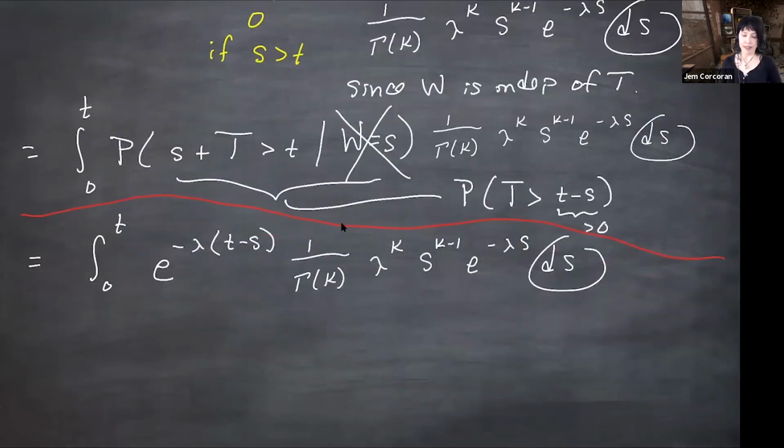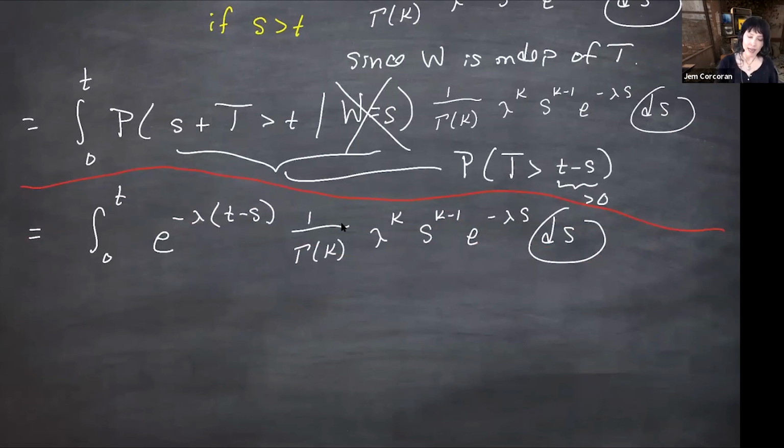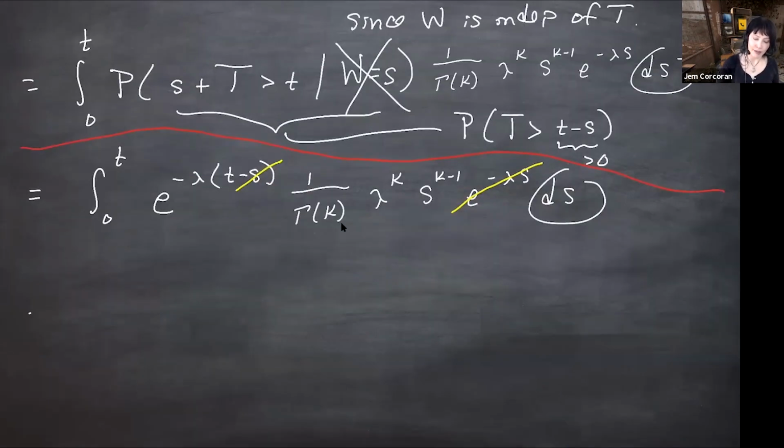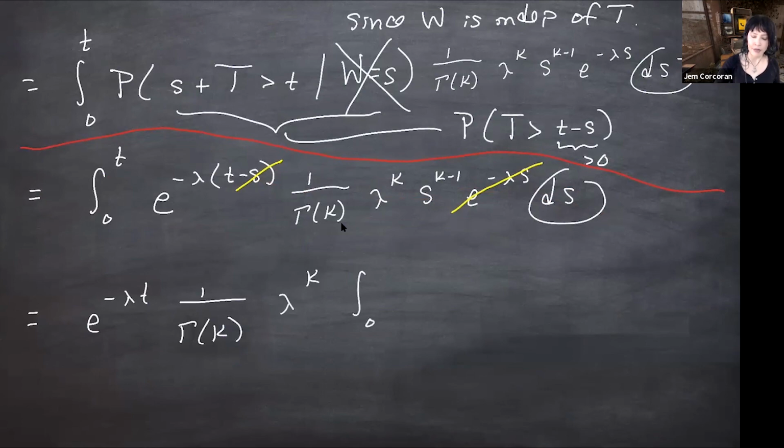Okay, let's combine things and pull things out that we don't need. I have an e to the minus lambda s, and then over here, that part would be an e to the positive lambda s. So that's going to cancel. And I'm integrating with respect to s. So let me pull out the e to the minus lambda t, the 1 over gamma of k, the lambda to the k, and I'm left with the integral from 0 to t of s to the k minus 1 ds.